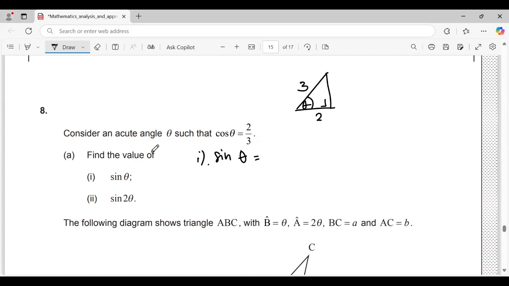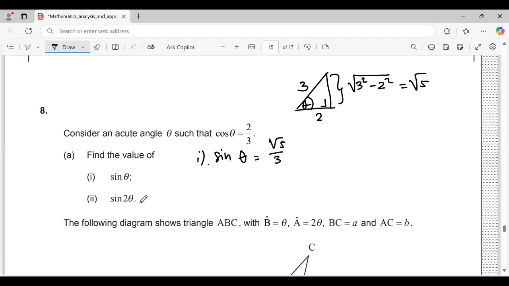We need to find this side first. This side is the square root of 3 squared minus 2 squared, which is square root 5. So sine theta equals square root 5 over 3.